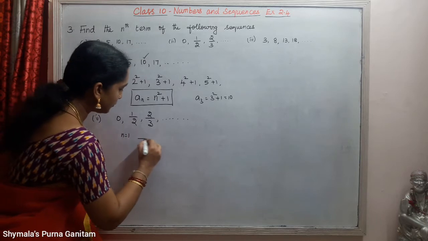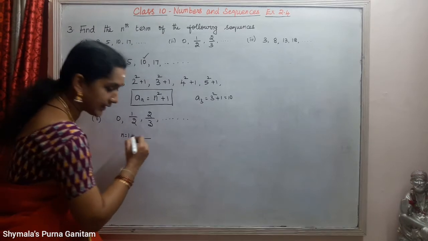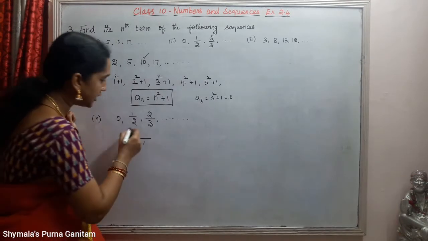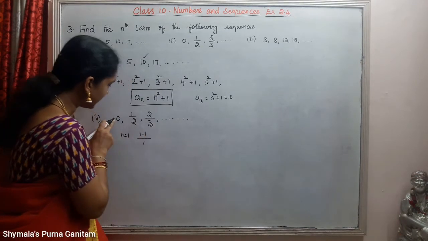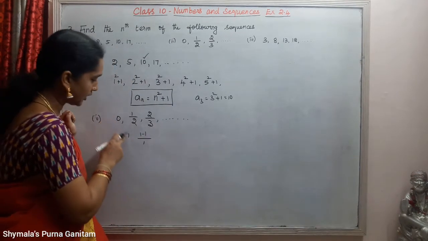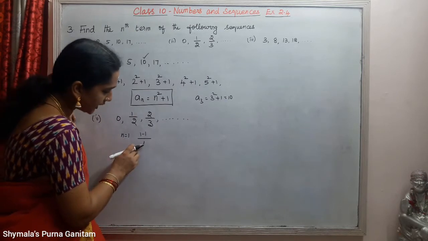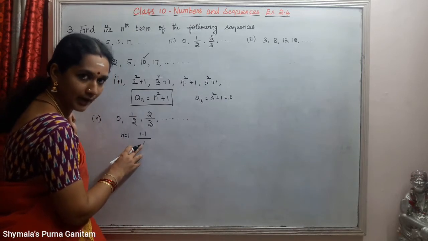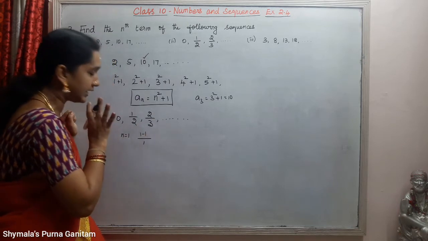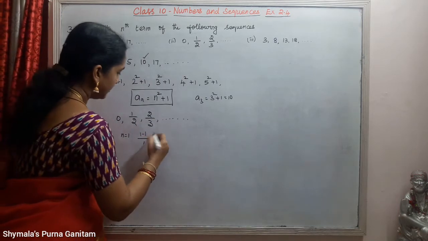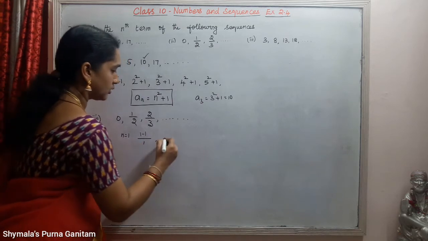So if we take the denominator as 1 and the numerator as 1 minus 1, we will get the first term: 0 by 1. We will check for the next terms also.